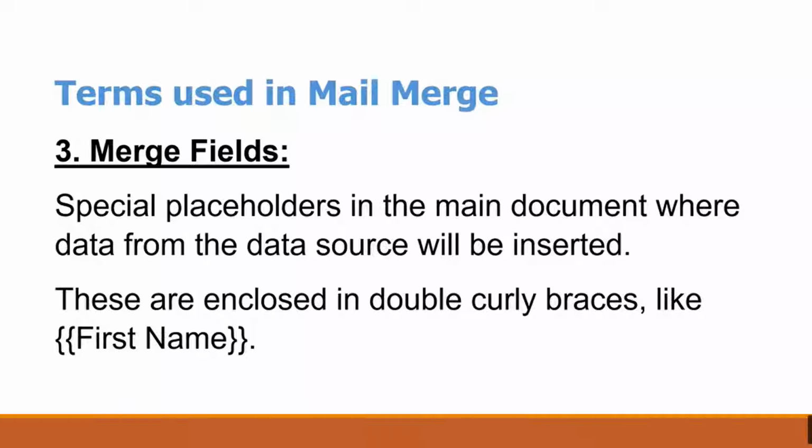These are special placeholders, text holders in the main document where the data from the data source will be inserted. These are the sections within your letter. For example, I have the name field. Maybe here I'll be putting the actual name of the recipient. So those are what we call the merge fields. Within your letter, you can use the curly brackets, you can use the double greater and less than symbols to represent that.